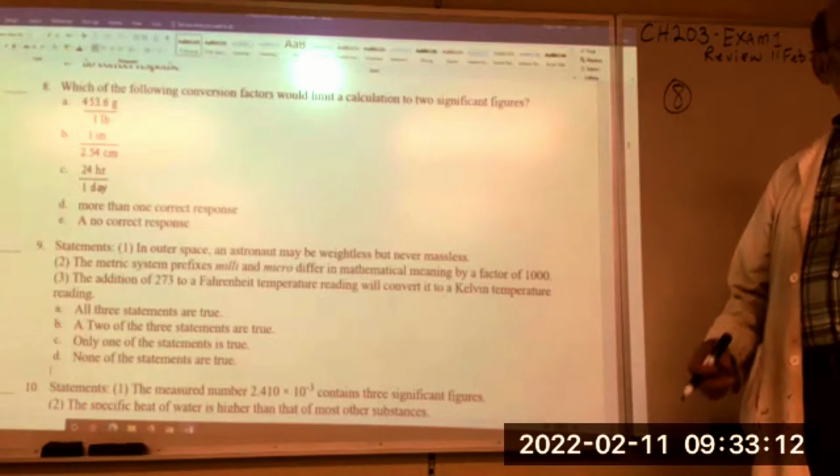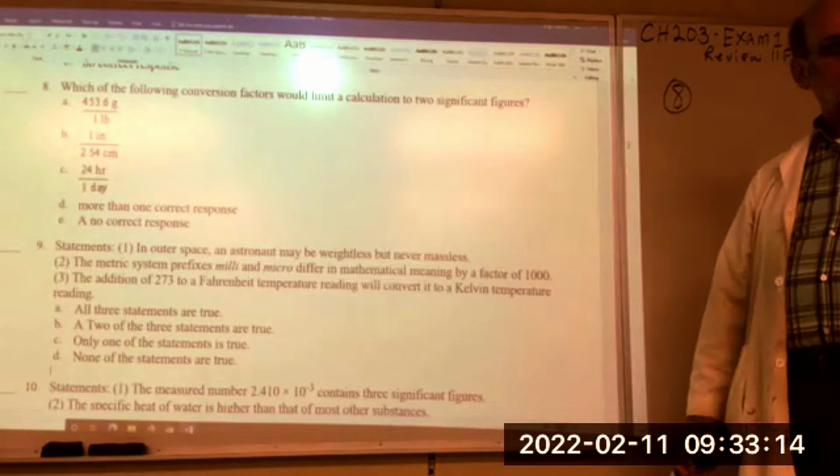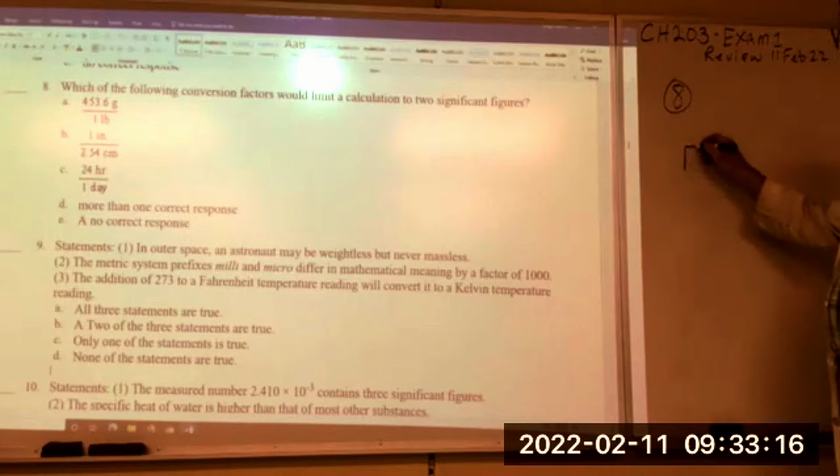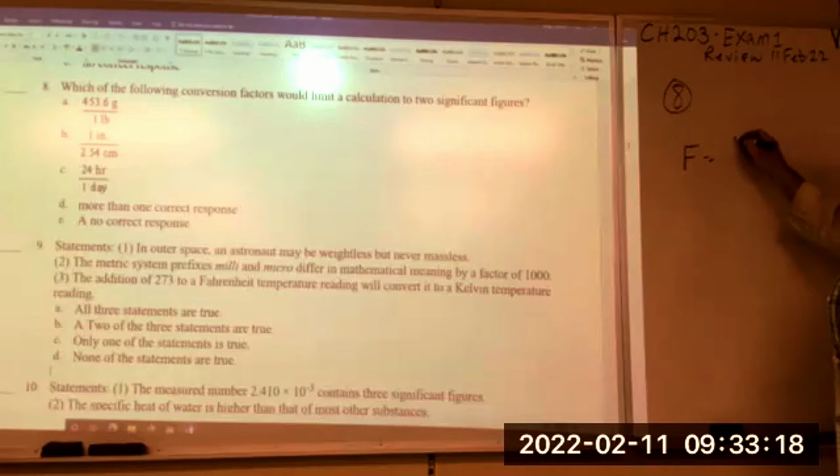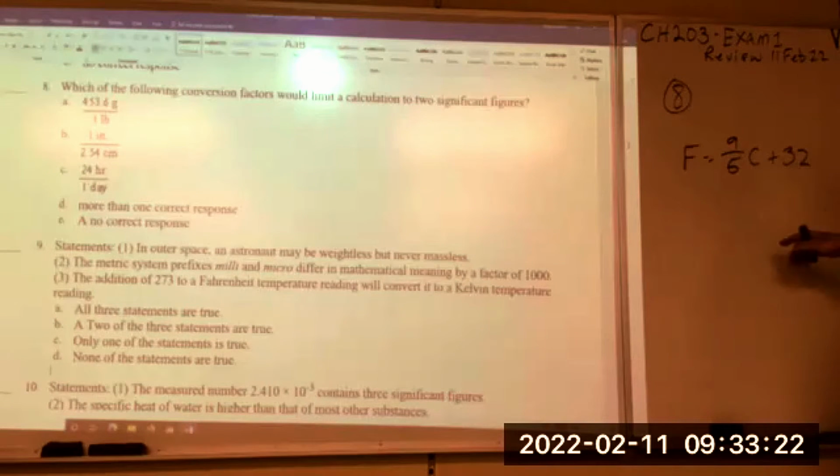It's embedded conversion factors, right? So it has this one as a multiply divide, and this one is an add subtract. But since they're conversion factors, they don't limit the answers. The answer is only limited by this one. So whatever this one happens to be, that's the one that dictates what happens here and what happens there.